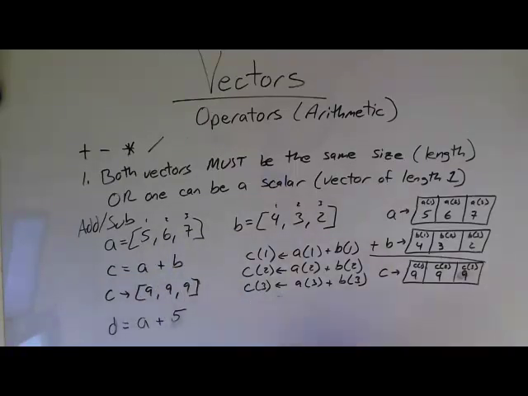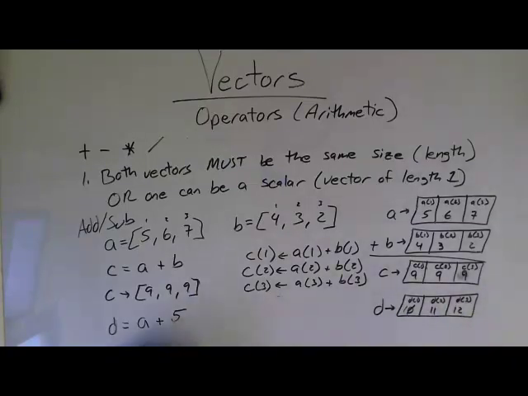So what's going to happen here is D is going to get D1, D2, D3. D is going to get 5 plus each element in vector A. So it will be 10, 11, and 12.